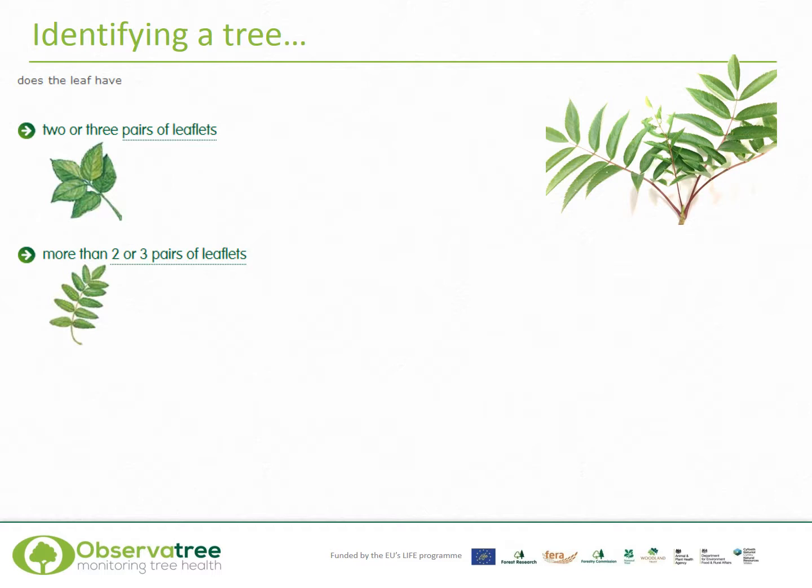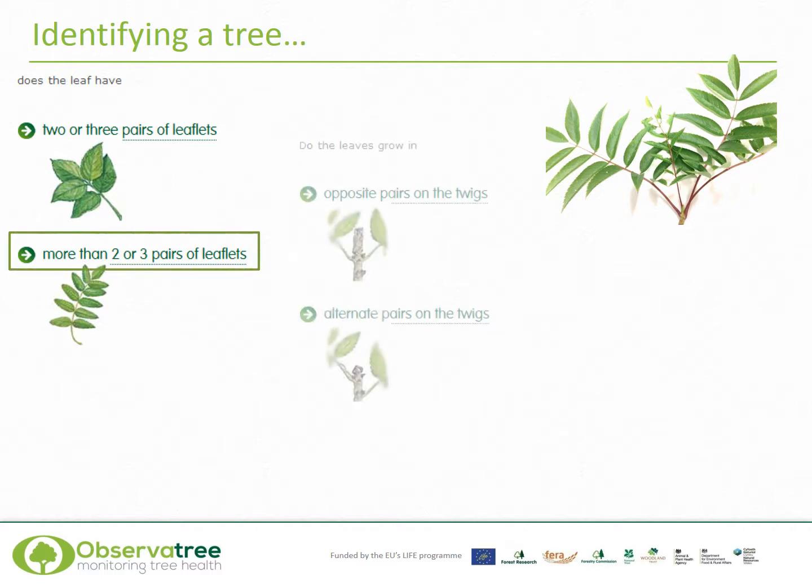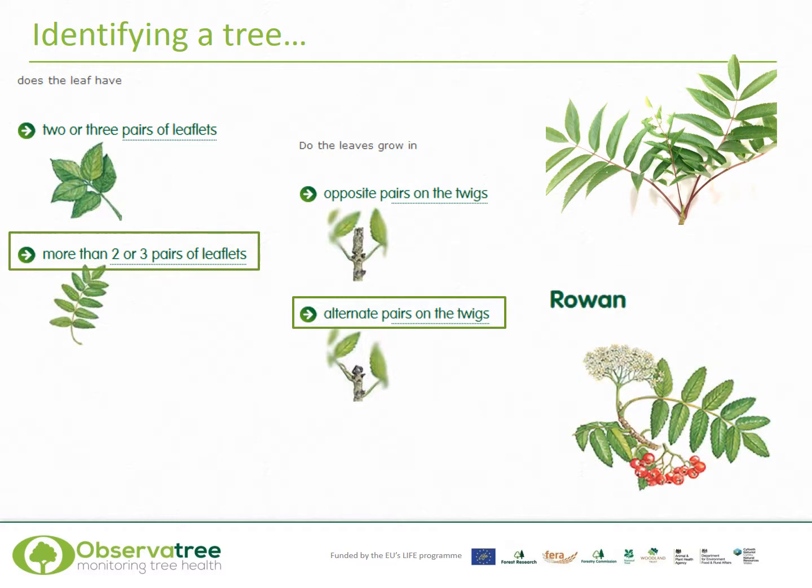In this case, the answer more than 2 or 3 leads on to a question about whether the leaves are opposite or alternate. Each tree will key out completely differently, and the amount of questions will vary significantly depending on how many look-alike trees and leaves there are. In this case, 3 questions is enough to get our answer: rowan or mountain ash.